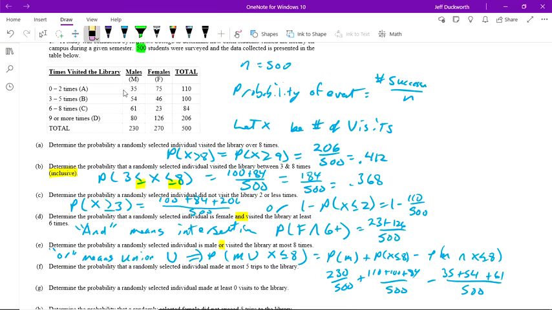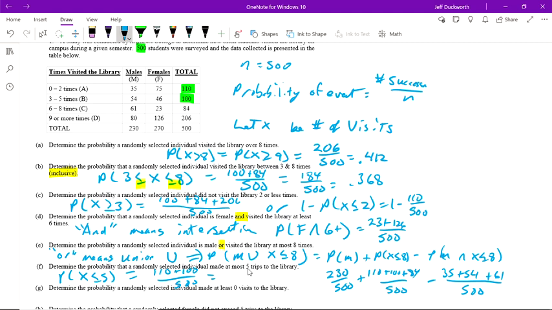All right, so that's going to be this 100 and 110. So at most means that many or fewer. So this is just probability of, say, x less than or equal to 5. And then we have 110 plus 100 over 500. And again, clean that up to be whatever it's supposed to be.